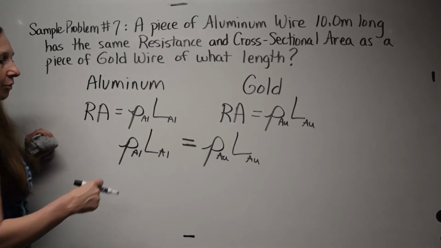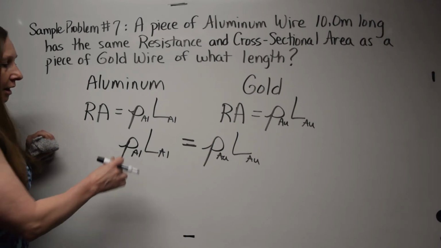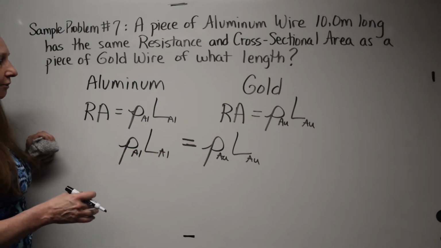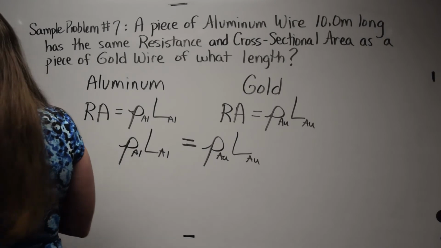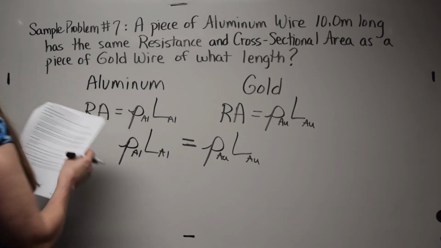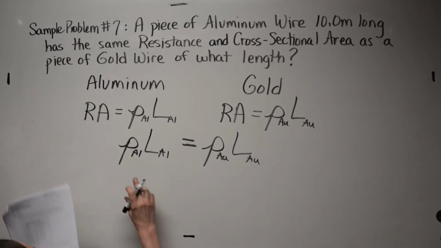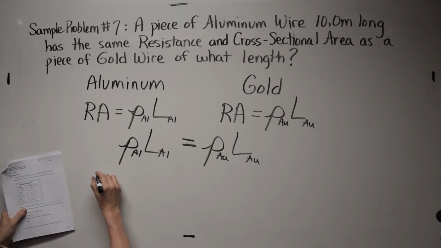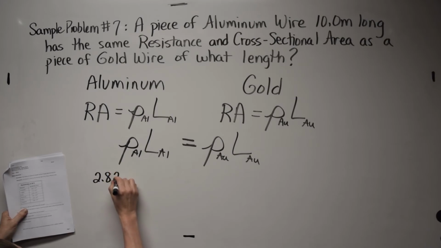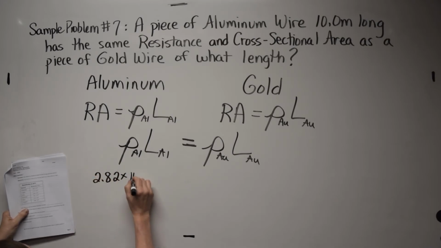Now we have an equation where we know 3 of the variables, and we're just trying to find the 4th. The 3 that we know: we look up the resistivity for aluminum, which is 2.82 times 10 to the negative 8 ohm meters.